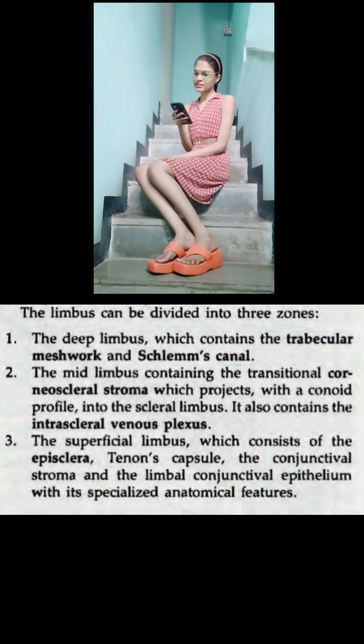It also contains the intrascleral venous plexus. The superficial limbus consists of the episclera, Tenon's capsule, the conjunctival stroma, and the limbal conjunctival epithelium with its specialized anatomical features.